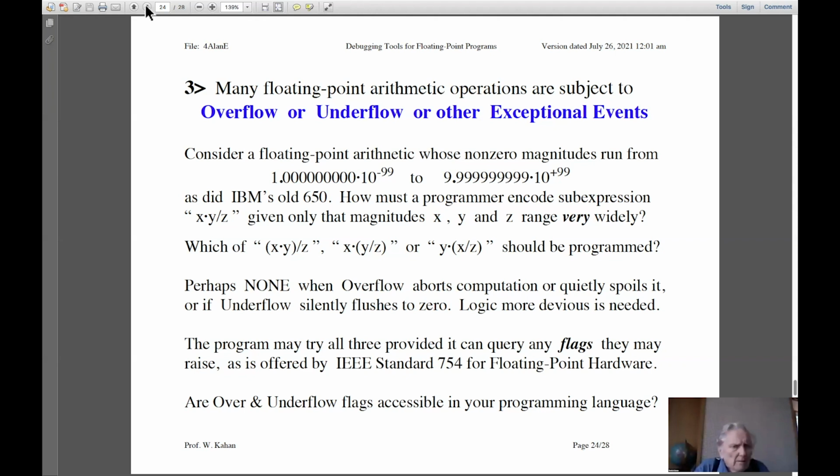But that's possible only if overflow doesn't stop the computation. It's possible only if underflow just gives you zero.